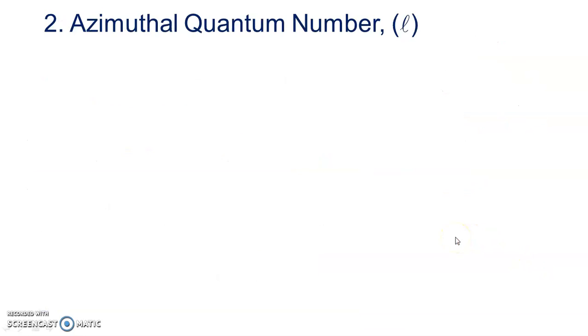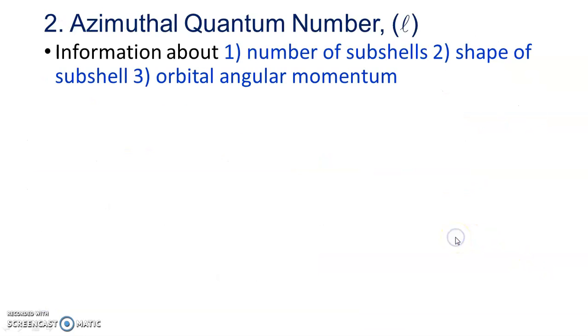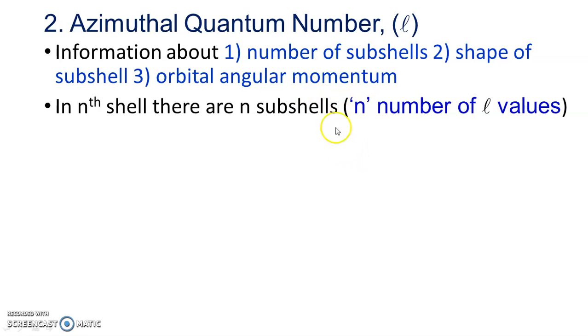Now next is the azimuthal quantum number. This quantum number gives information about the shape of the subshell or electronic cloud, and the orbital angular momentum. The important thing is, for the nth shell there are n number of subshells, which we already discussed during the principal quantum number.